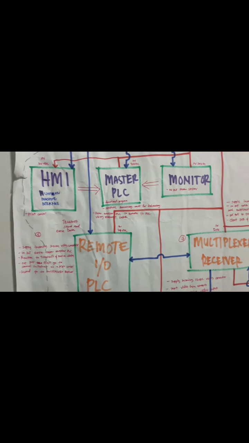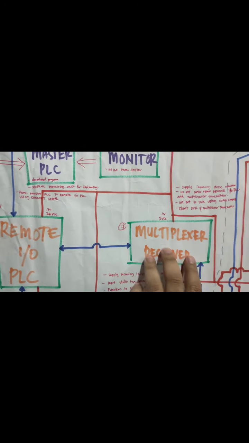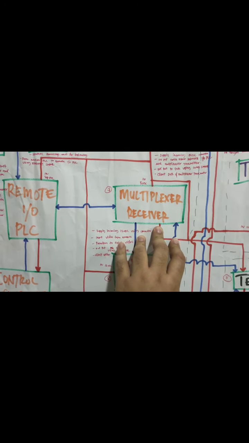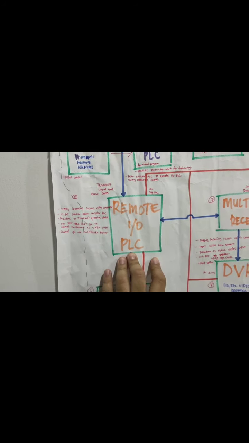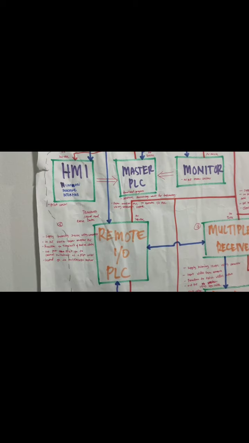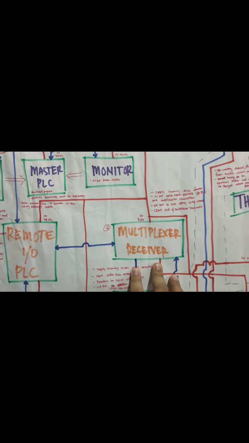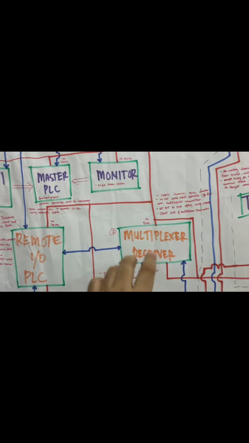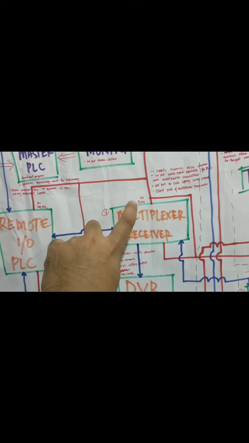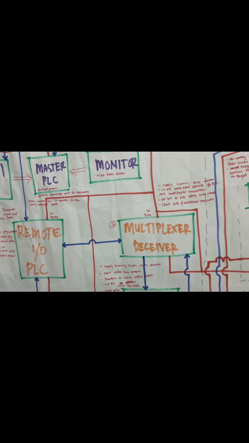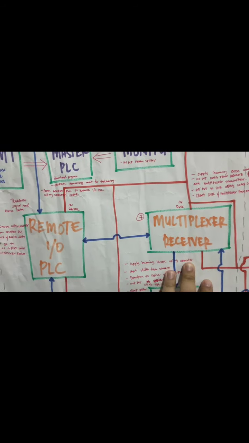From the control PC, it will also power up the multiplexer here, and also the remote I/O PLC. The first one is the multiplexer. Instead of 24 DC volt, it only needs 5 volt DC, and the input is from the remote I/O.